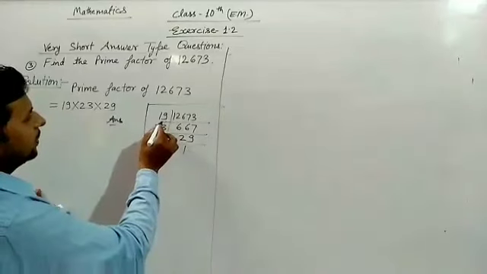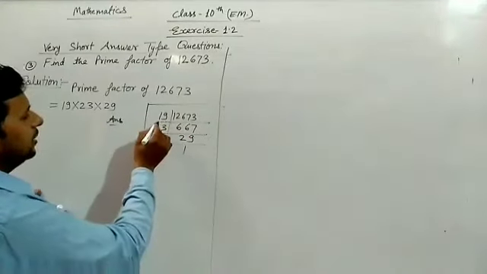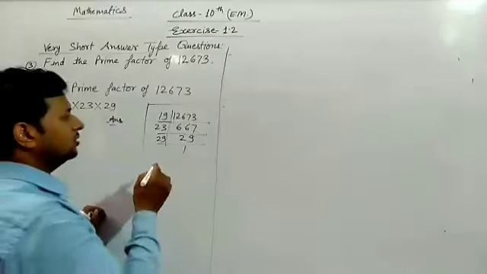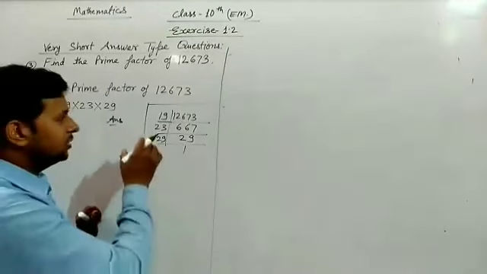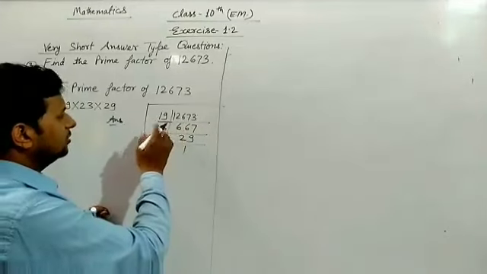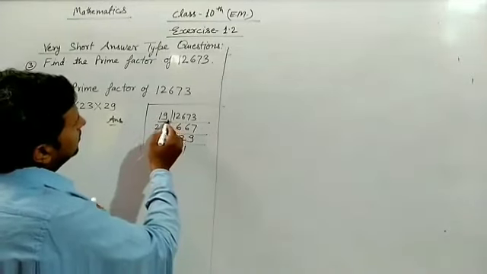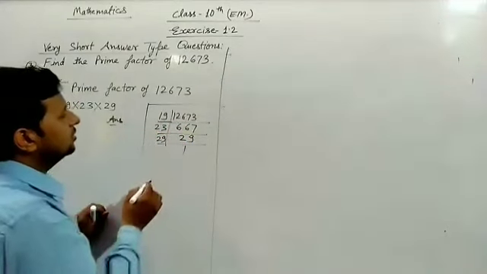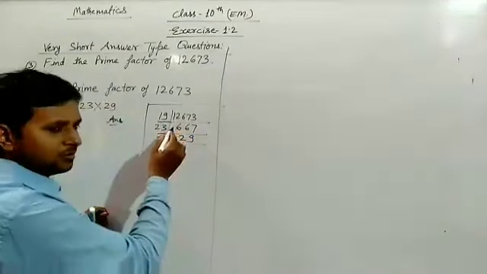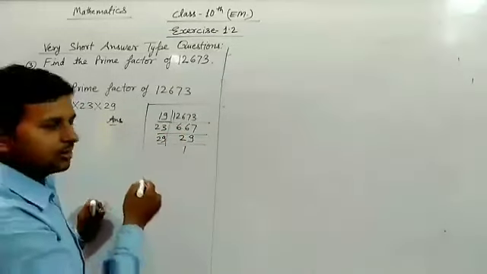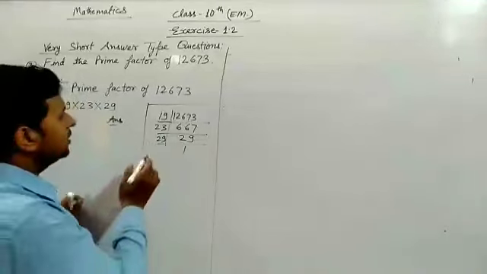So it will be divisible first of all by 19, because no other number can divide 12,673.